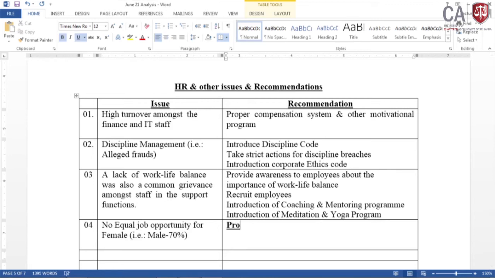Provide equal job opportunities for both male and female candidates. That may be the solution.